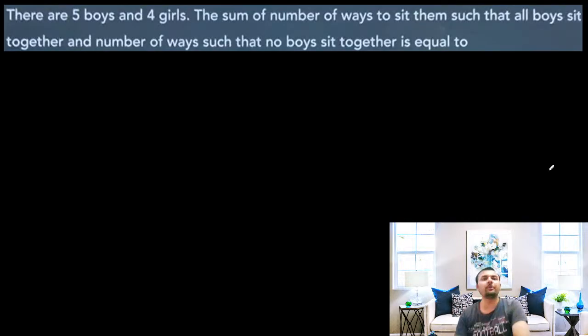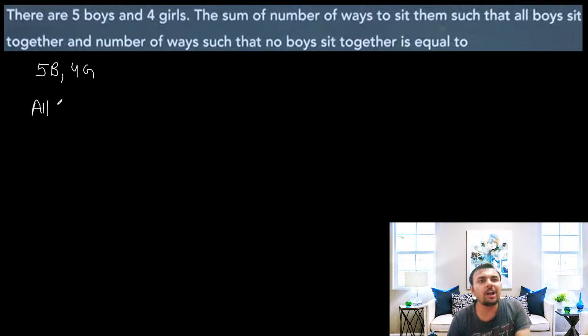There are 5 boys and 4 girls. The sum of the number of ways to seat them such that all boys sit together and the number of ways such that no boys sit together.